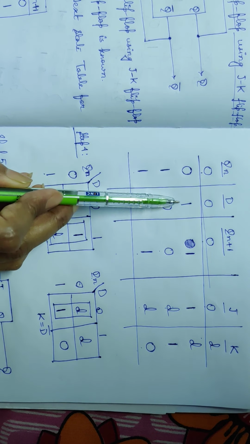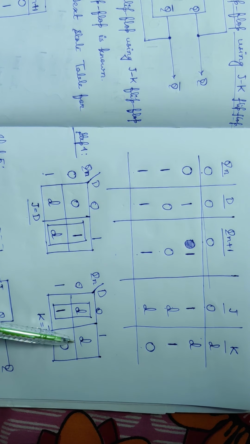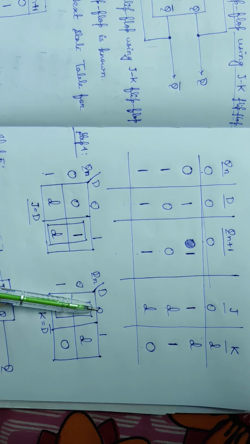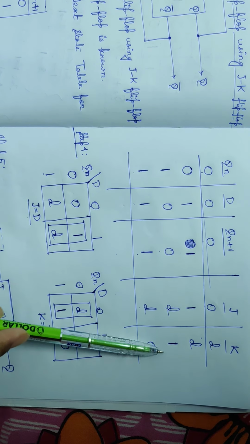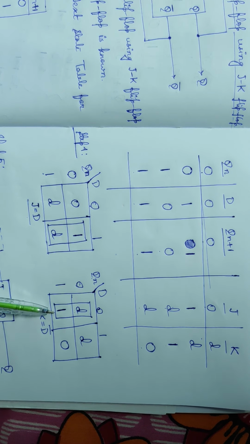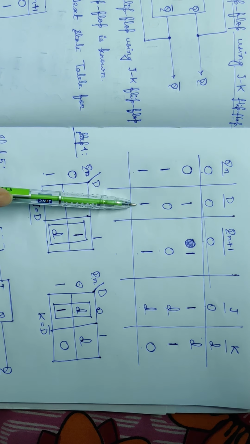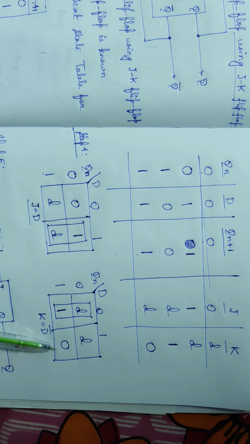K is D. So we have written D. Next, Qn 1, D 0, K is 1. So this is 1 here. Next, both are 1. Qn is 1, D is 1, K is 0. So we have written 0 here.